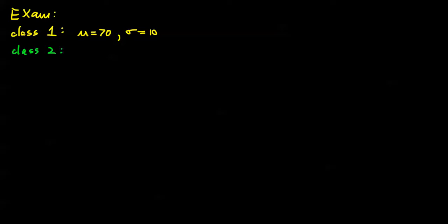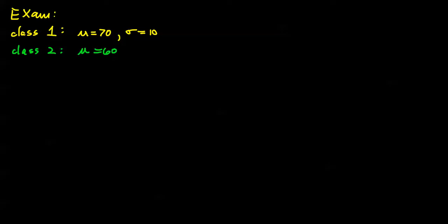Let's say 3 different classes take an exam. Let's say class 1 in this exam results in a normal distribution of scores with a mean of 70 and a standard deviation of 10. Let's say class 2 takes the same exam, and again they have a normal distribution of scores.